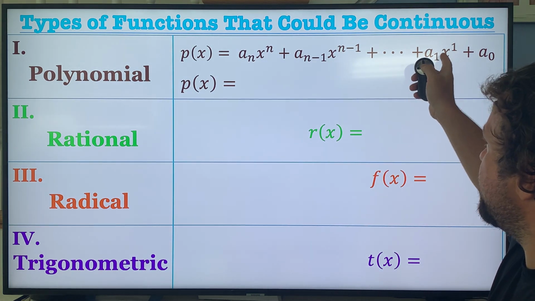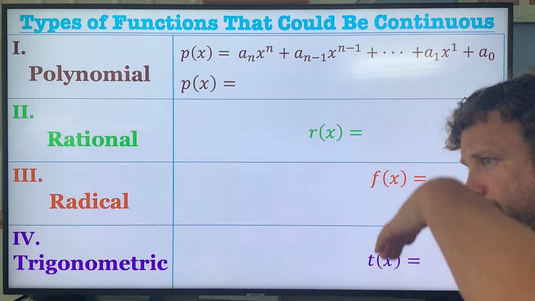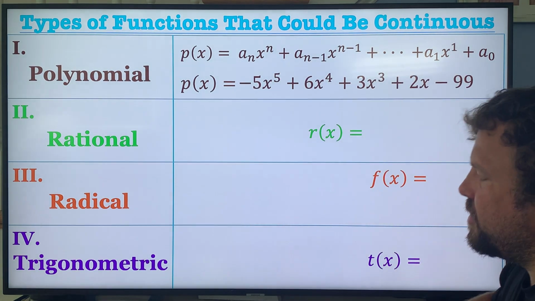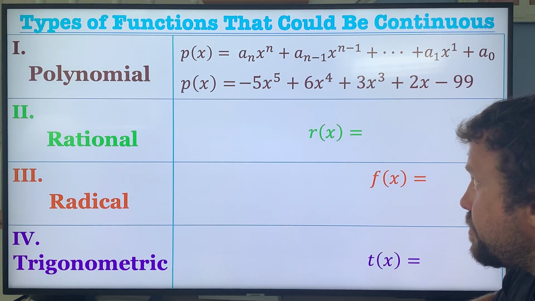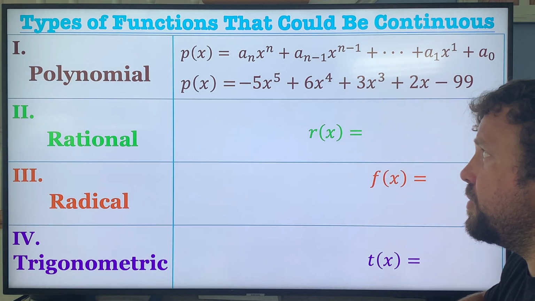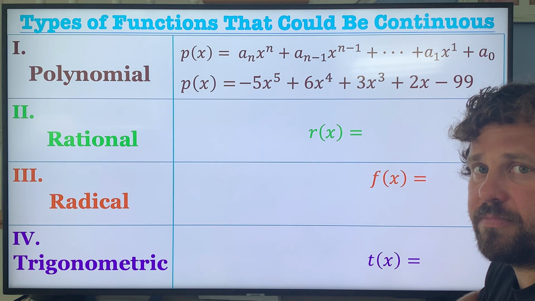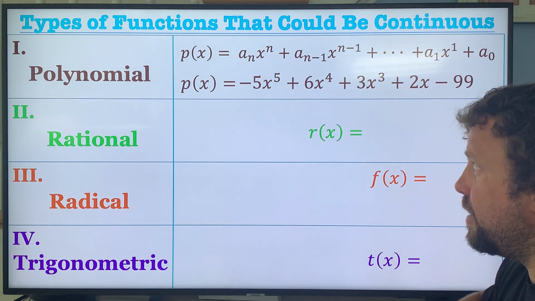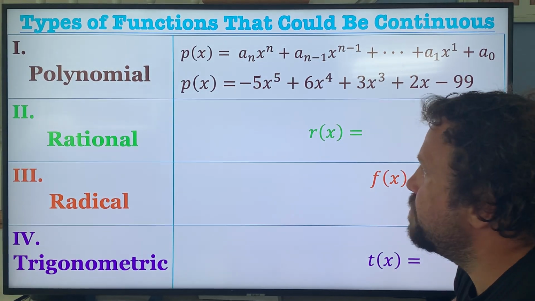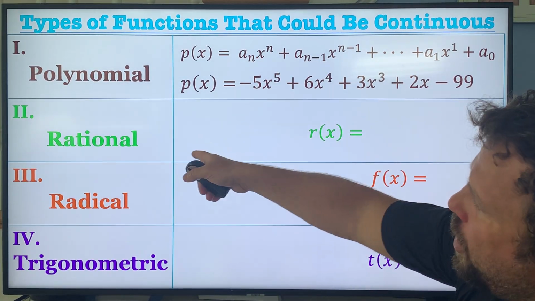And then this is just your increasing or decreasing, raising your x to variable powers. So what that means is, say you have a polynomial, doesn't matter what your lead degree is, typically continuous. Any polynomial, always going to be continuous everywhere. Alright? Got it? If it's a straight polynomial. Got it? Awesome. Rational.